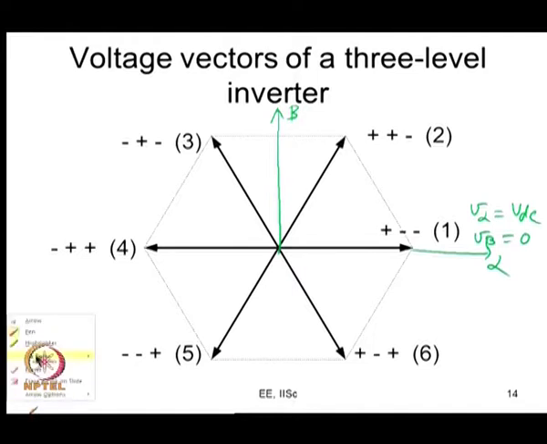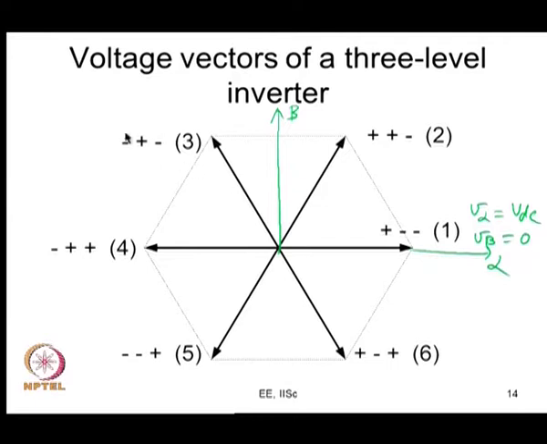Again, all these states that I have shown here are common to 2 level inverter and the 3 level inverter. This means R phase top 2 devices are on, Y phase top 2 devices are on, B phase bottom 2 are on and the pole voltages are plus VDC by 2, plus VDC by 2, minus VDC by 2, which is possible for a 2 level inverter also, and the vector is the same, the magnitude is VDC and the angle is 60 degrees here.